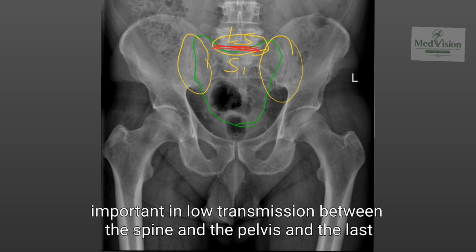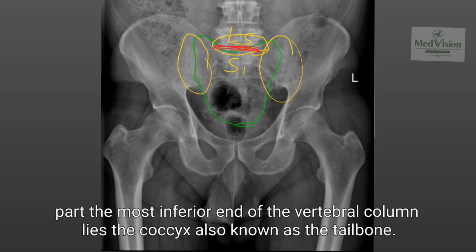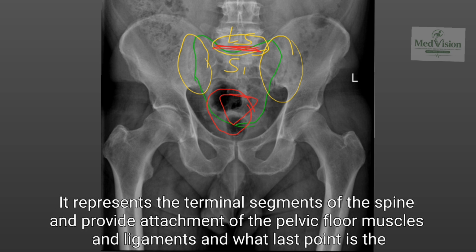And the last part, at the most inferior end of the vertebral column, lies the coccyx, also known as the tailbone. It represents the terminal segments of the spine and provides attachment for the pelvic floor muscles and ligaments.